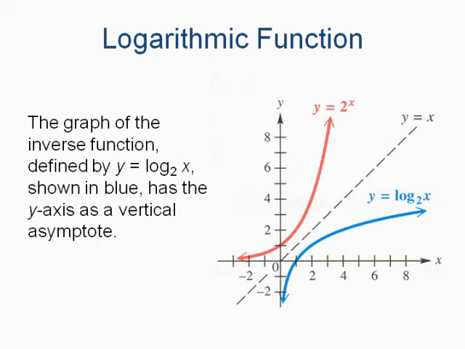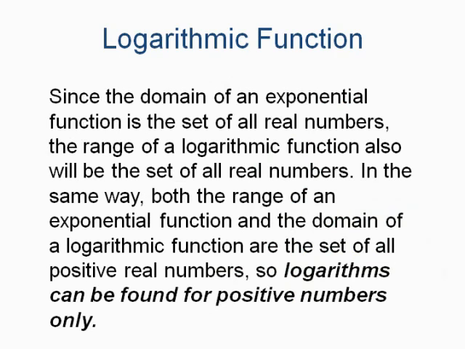In blue here, these logarithmic graphs, since x must be greater than 0, the domain here, the VA, is back for this one. The vertical asymptote here is x equals 0.